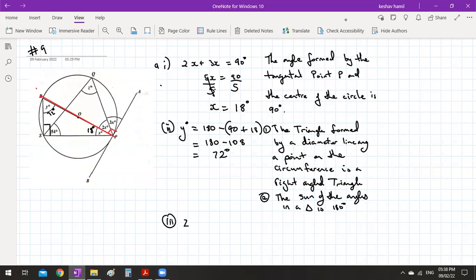So part 3, angle z is the same as angle y. So z is equal to 72 degrees.